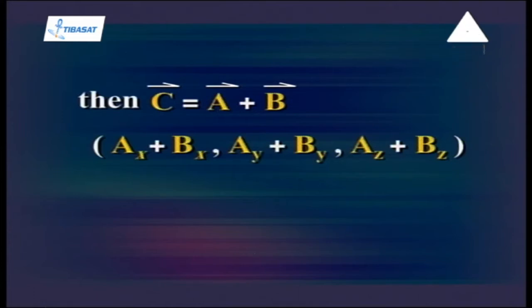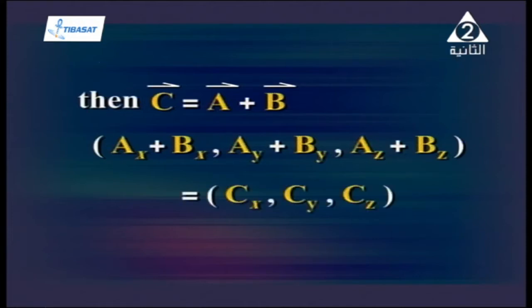We add the component of x with the component of x of the second vector, and by the same method y with y, and z with z, which equals Cx, Cy, Cz. This is the vector C.